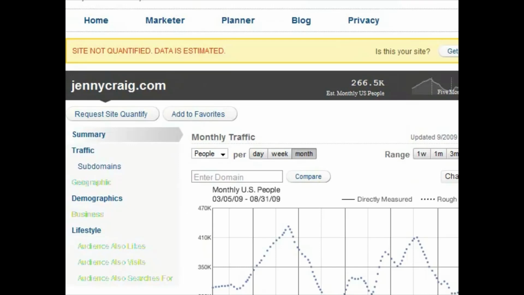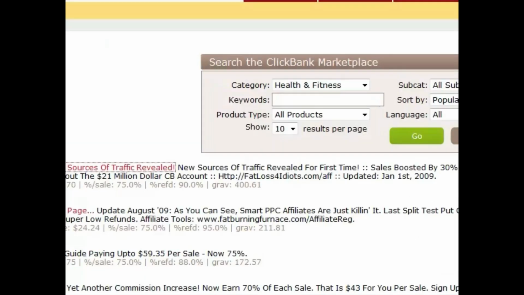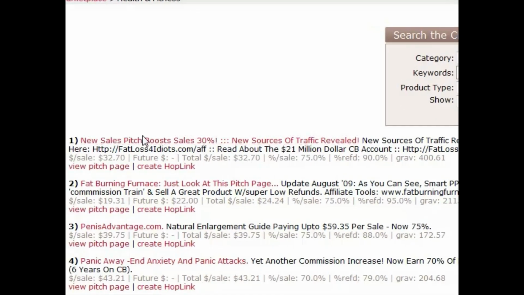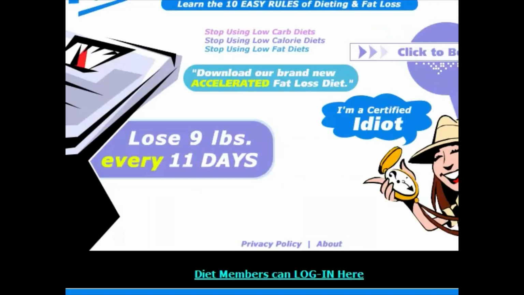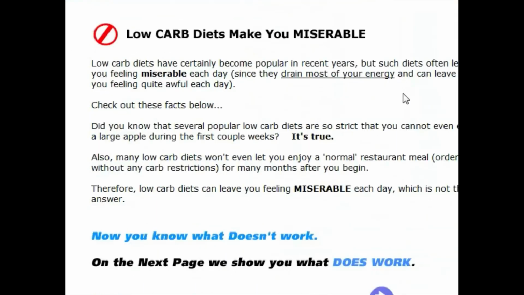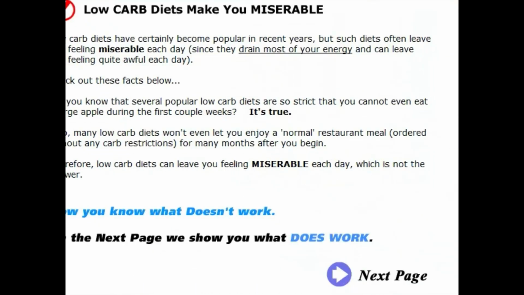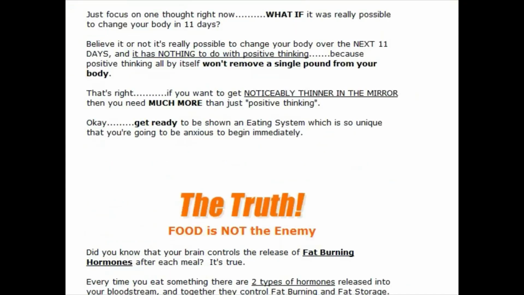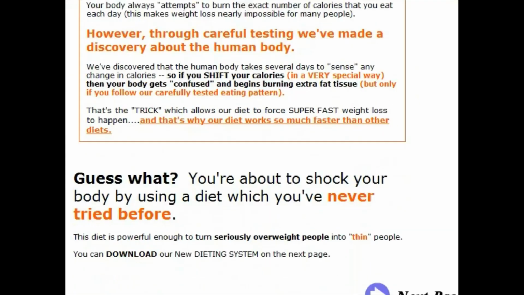So what I would do then is go into ClickBank, or go back to their site, and actually purchase the product. Now, I haven't promoted it yet. I haven't done anything with it. And I would still keep the product.